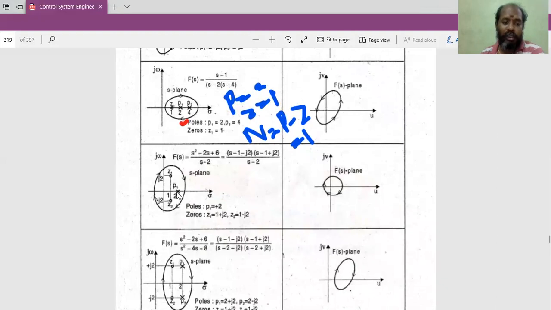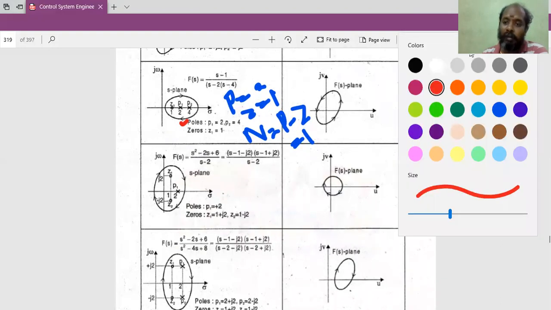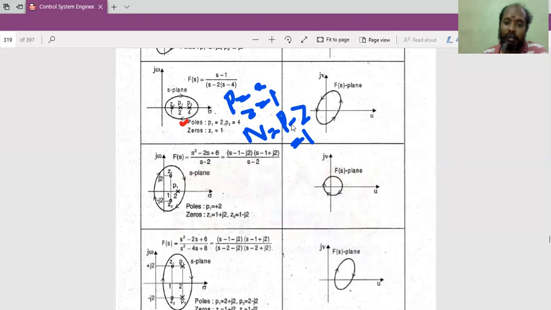You can see two zeros and a pole. Two zeros are there and one pole is there. So again use the same formula. N is equal to P minus Z, where P is the number of poles and Z the number of zeros. So the number of poles is 1, the number of zeros is 2. I think I can say you should find the difference here, not minus actually, because people get panicked if they get a minus 1 here.